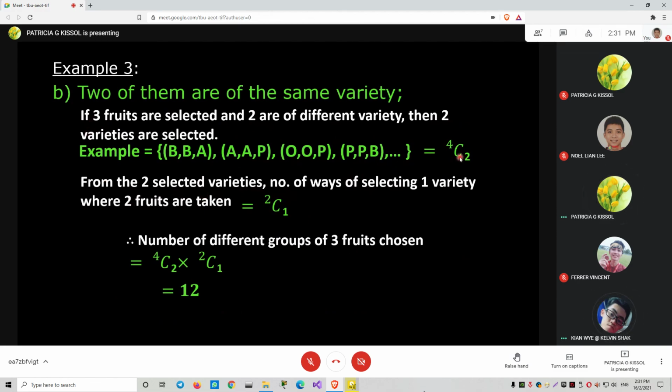You just indicate to choose 2 different fruits, just to show why you chose 4 combination 2. Some students only write this value and this value, and they multiply it. I would give full marks, even though the students didn't write the full text.